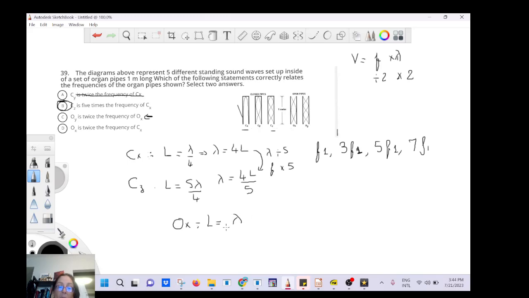And then OY, it's going to be half and then a half. So it's going to be 1.5 wavelengths. So that's not going to work, right? It's not working, right? So it's 1, 2, 3, 4. So that's 1 wavelength and 1.5. So that's not working also. Okay. So the answer is B.